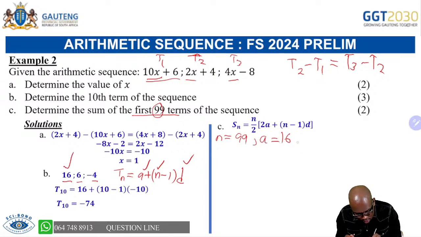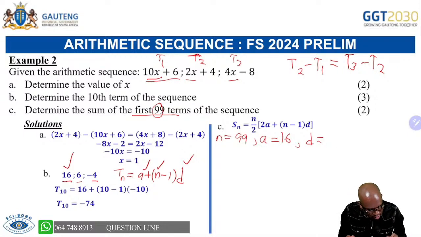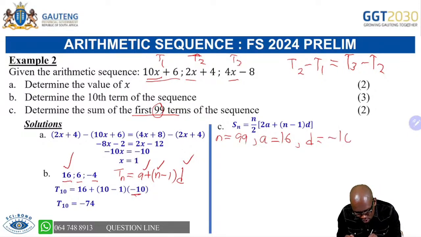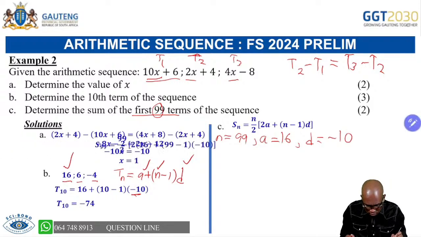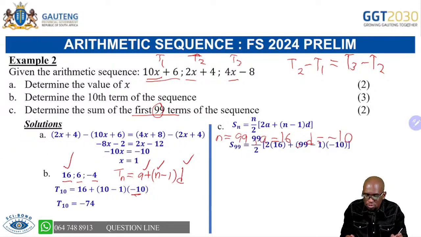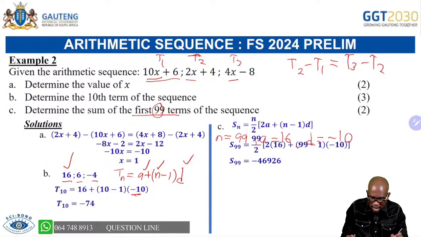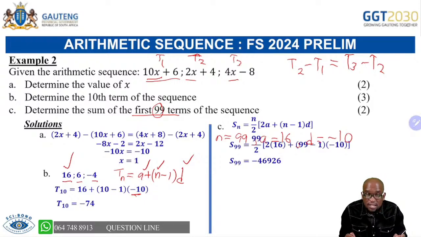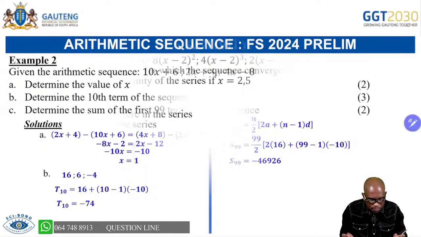And where we see d, we know that d is 16 minus 6, which is negative 10. Substituting that information, we get that the sum to 99 terms is minus 46,926. That's how you were supposed to work that one out. I hope that it makes perfect sense. Moving right along.